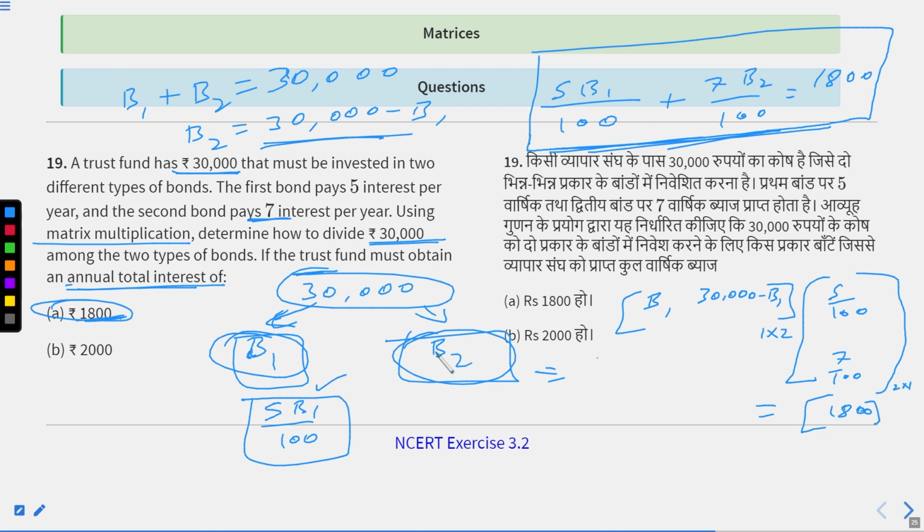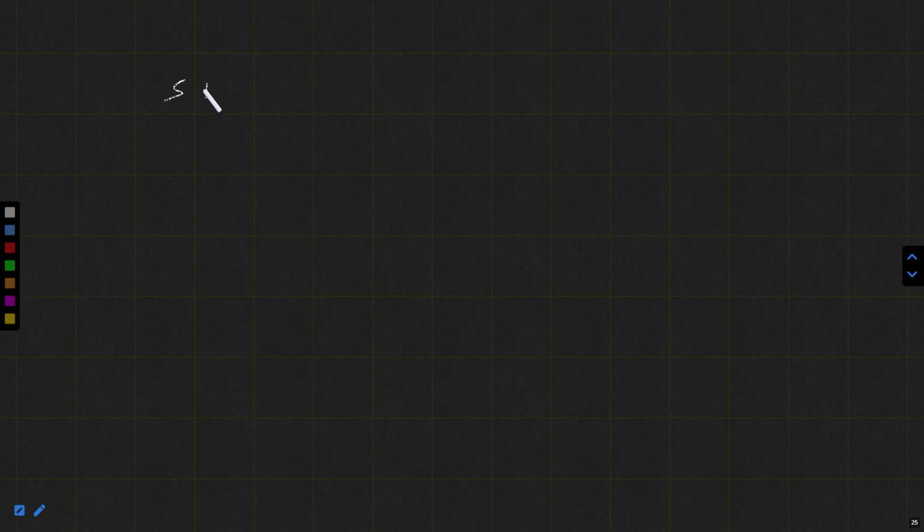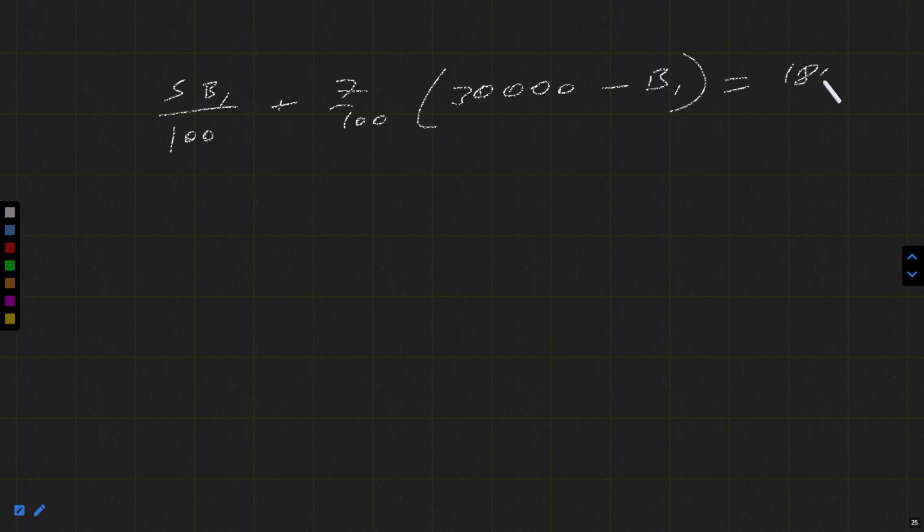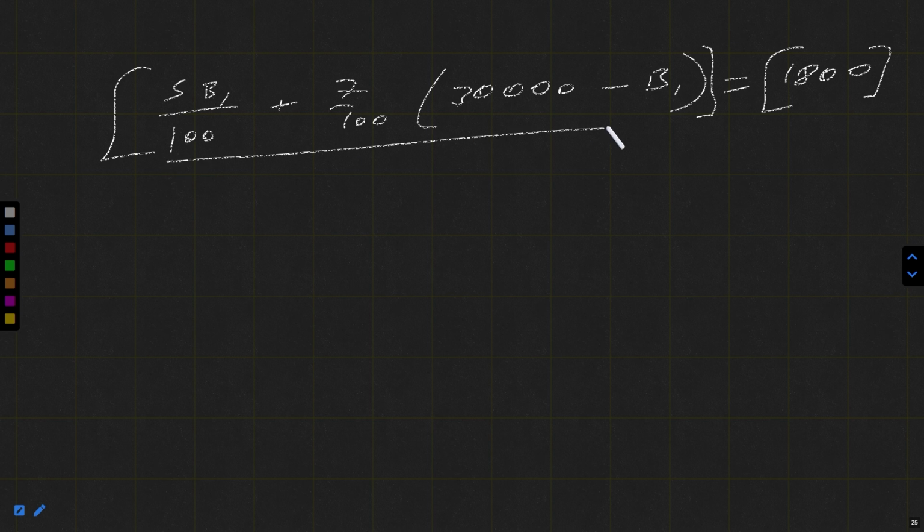So 5 B1 by 100 plus 7 by 100 times 30,000 minus B1 is equal to this much, which we know. Now this is a 1 cross 1 matrix, and this is also a 1 cross 1 matrix, so this must be equal to this.